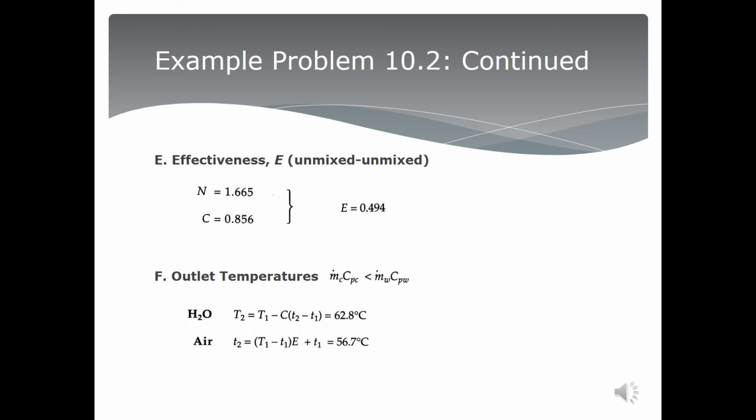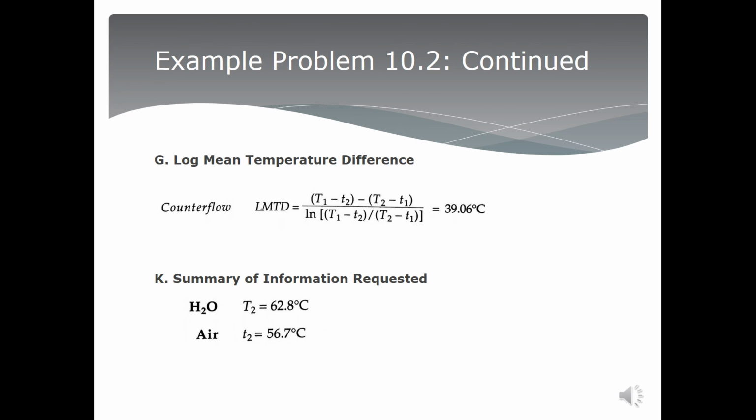Using number of transfer units and capacitance, Part E is calculated, which is effectiveness. Effectiveness is used to calculate Part F, which is the outlet temperatures. The outlet temperature of water is 62.8 degrees Celsius, and the outlet temperature of air is 56.7 degrees Celsius. Part G calculates log mean temperature difference, which is 39.06 degrees Celsius, counterflow.